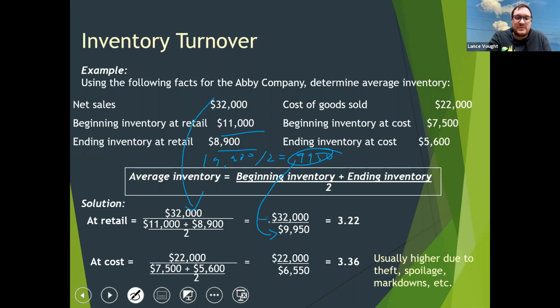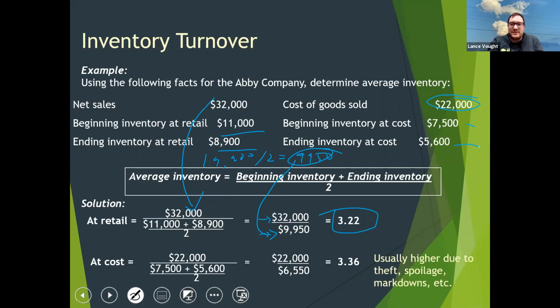Take 32,000 divided by 9,950. And using the retail method, it determines that our inventory turns over about 3.22 times per year at the Abbey Company. If we do it at cost, well, the cost of the goods sold is $22,000. We started with 7,500, we end with 5,600.